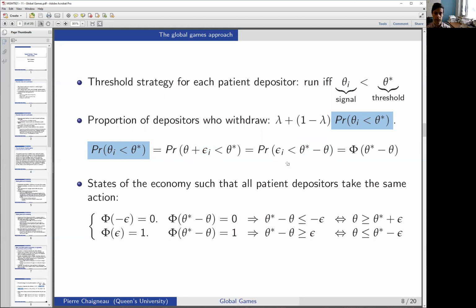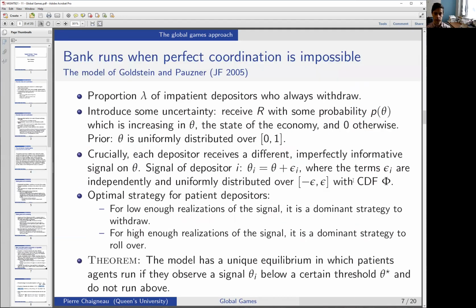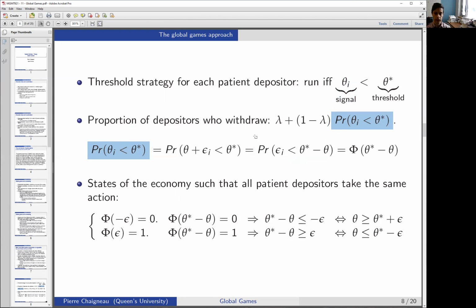And now we have the probability that epsilon I is less than something. But we know that epsilon I is distributed with this distribution function. And so the probability that epsilon I is less than something is simply the cumulative distribution function of this something.